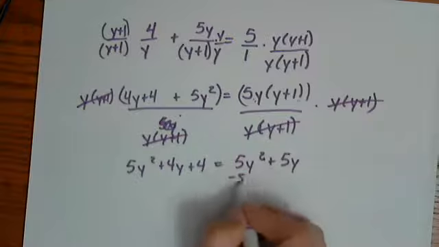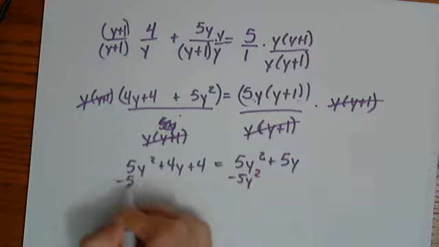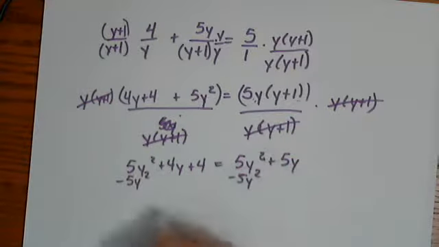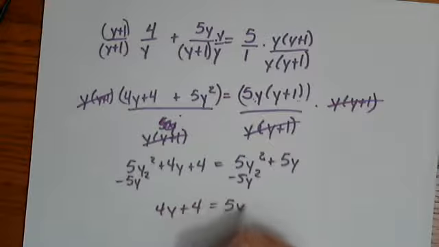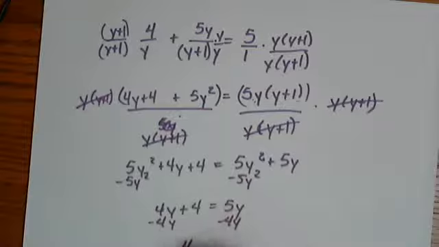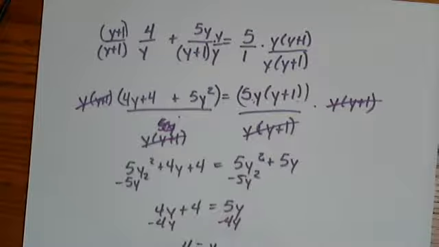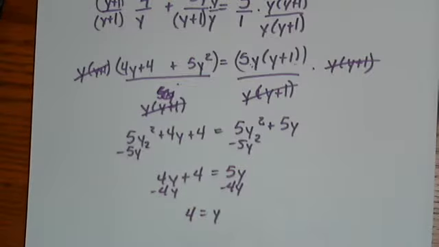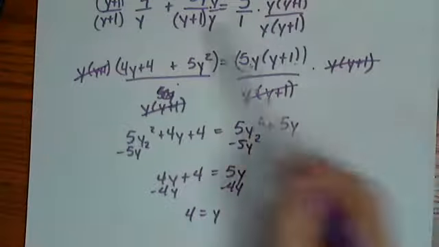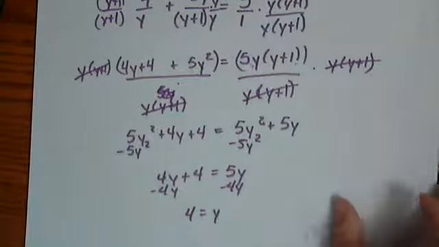I can subtract that off, right? And that gives me 4y plus 4 equals 5y. I can subtract 4y, and I have 4 equals y. Ta-da!